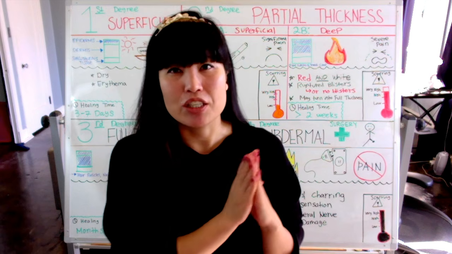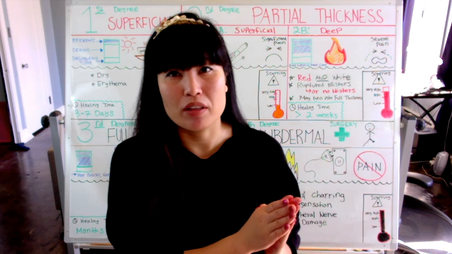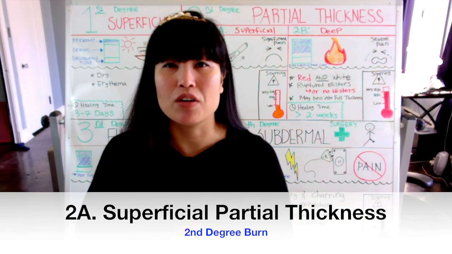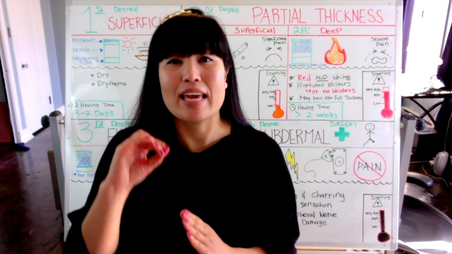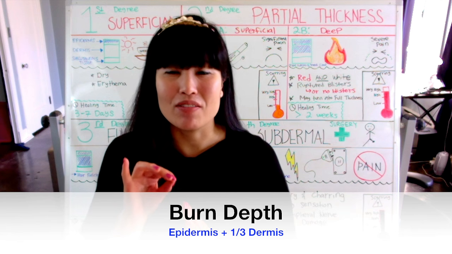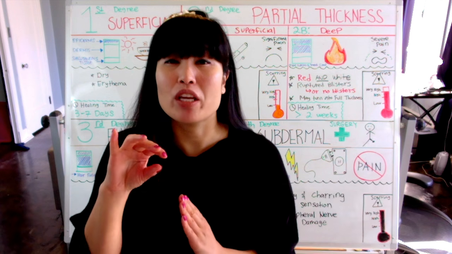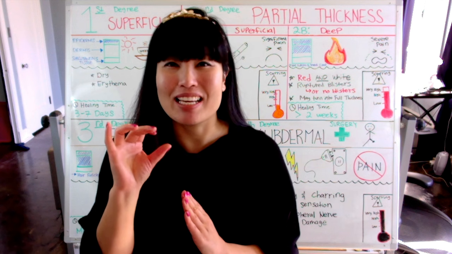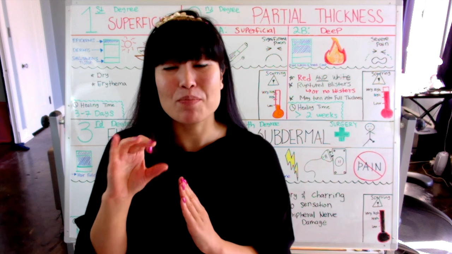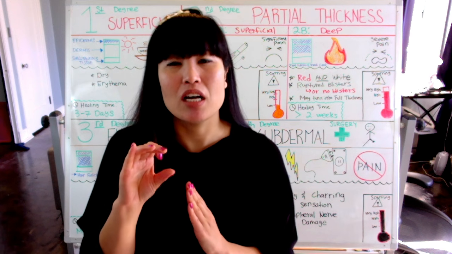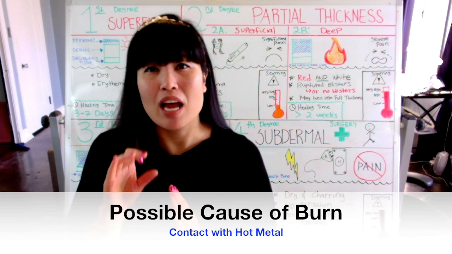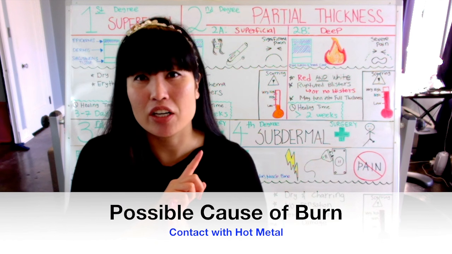Let's talk about each of these 2 subcategories separately. So first one, the superficial partial thickness burn is when you have the epidermis as well as about 1/3 of the dermis involved. So it's not going too deep into the dermis, but partial dermis is now being affected. So that's the burn depth. In terms of the cause of this type of burn, I have a curling iron drawn here.